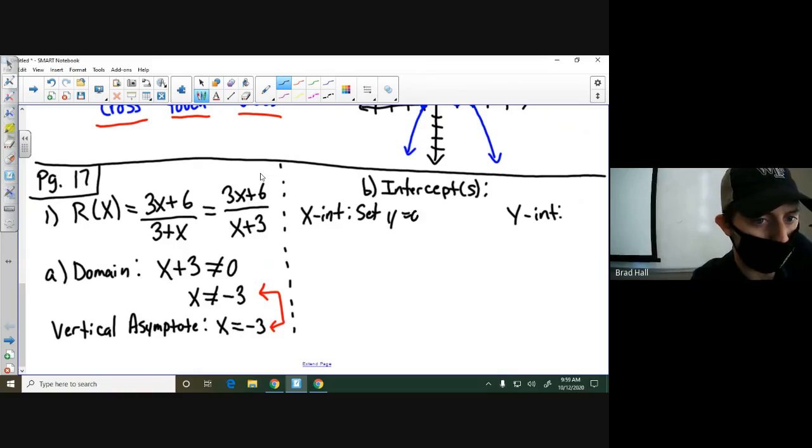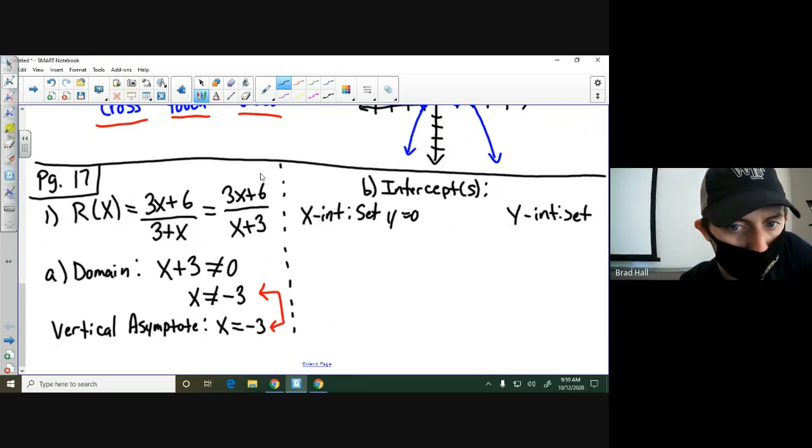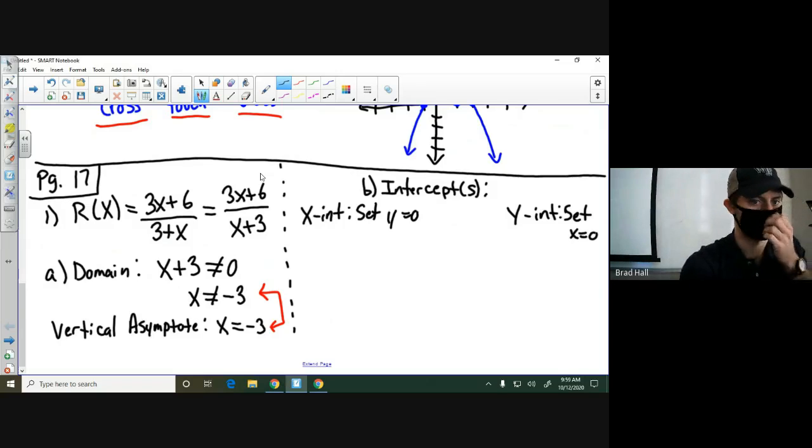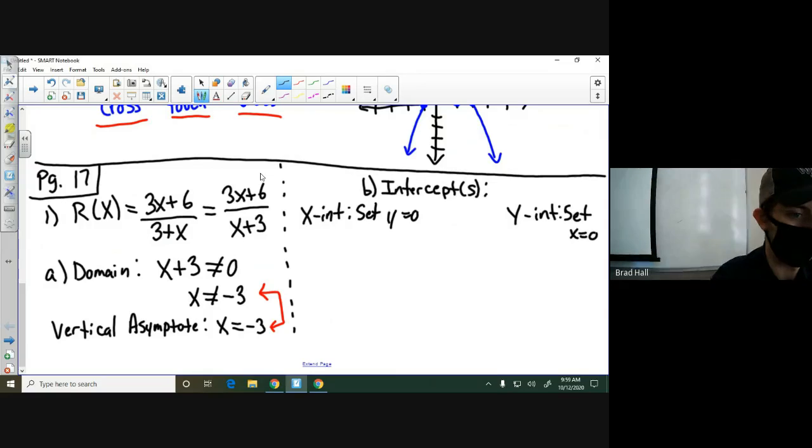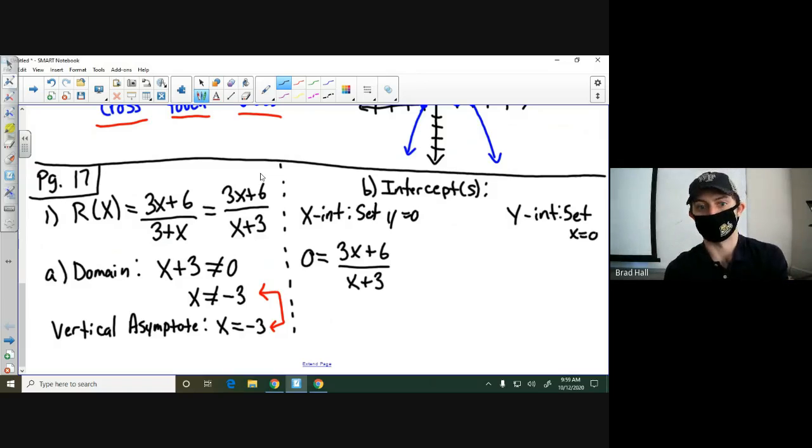For the x-intercept, set y equal to 0. For the y-intercept, set x equal to 0. Okay, we'll start off with the x-intercept because we set the whole function equal to 0. And I'm going to go ahead and use the standard form from now on, which just means the denominator is slightly changed. We switched the terms. But now we get here, and the goal is to solve for x.